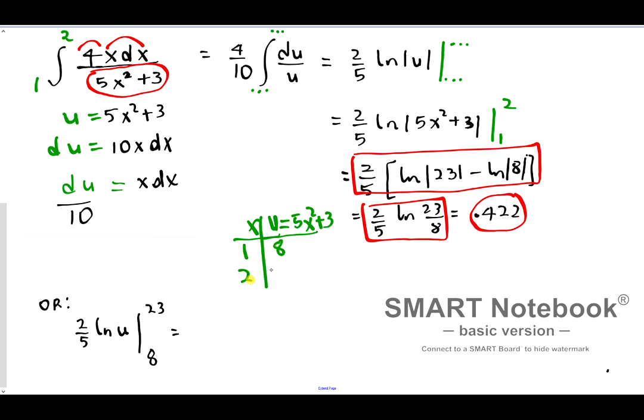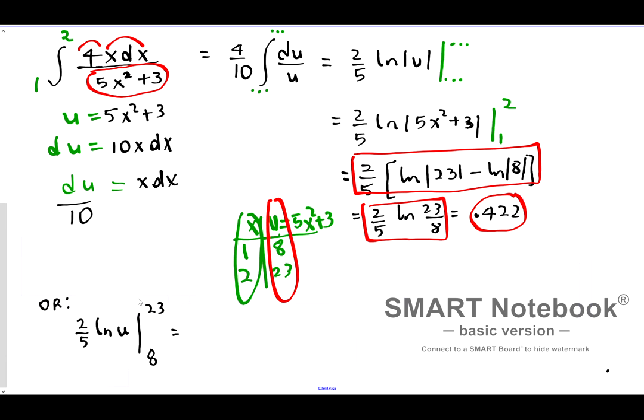If x is 2, this is 23. So instead of going x from 1 to 2, you can go u from 8 to 23. So that's what we have here. Okay, so it's okay to plug the limits for u, but you must change your limits, and they have to be set for the u variable.